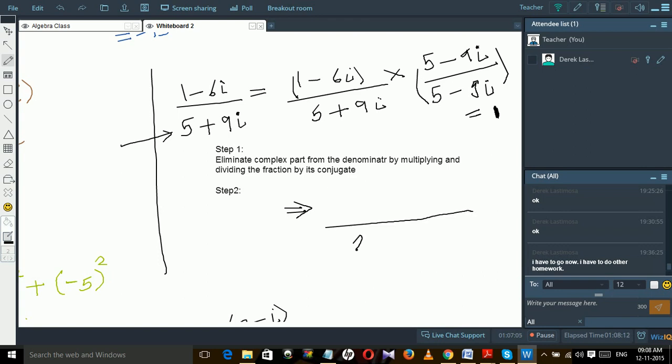It is just a trick to remove the complex part from the denominator. Further we get 1 minus 6i multiplied by 5 minus 9i. In the denominator I can write very simply 25 plus 81.